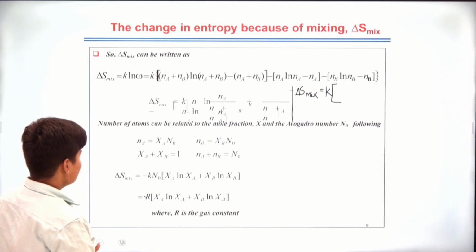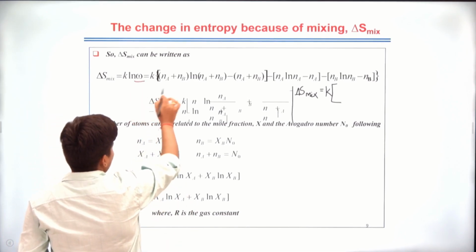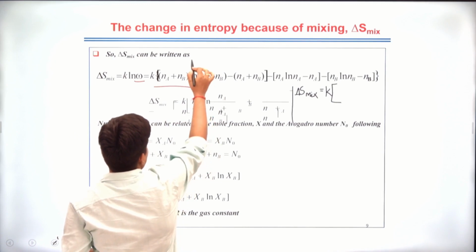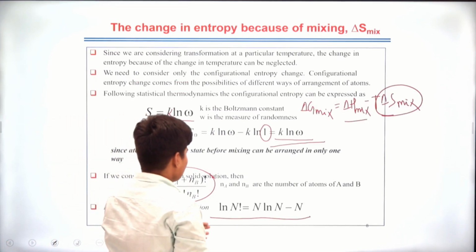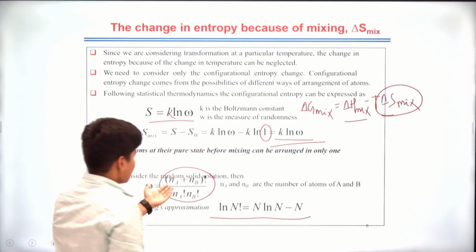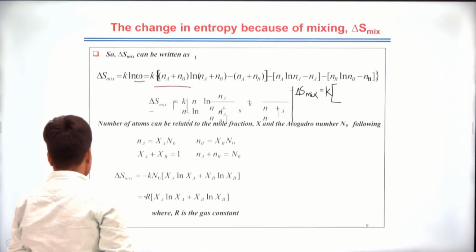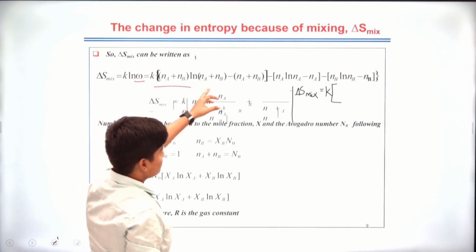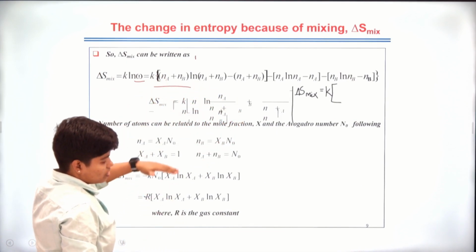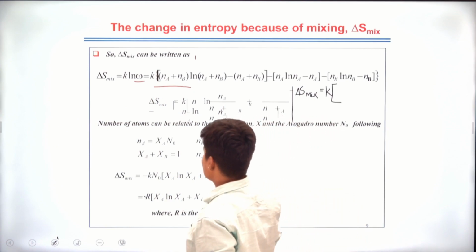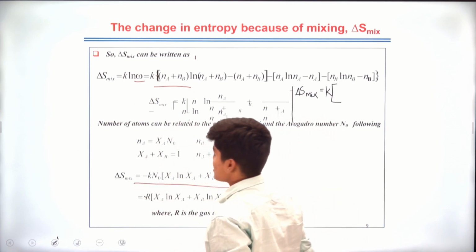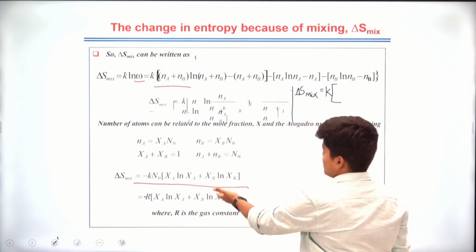From this equation we can write W in terms of Na plus Nb, from the last slide. In terms of n, there is (Na plus Nb) factorial, so Na plus Nb times ln of Na plus Nb. From this Stirling approximation we can finalize and derive the last equation. It will be k N naught, that is the Avogadro number, Xa ln Xa plus Xb ln Xb.